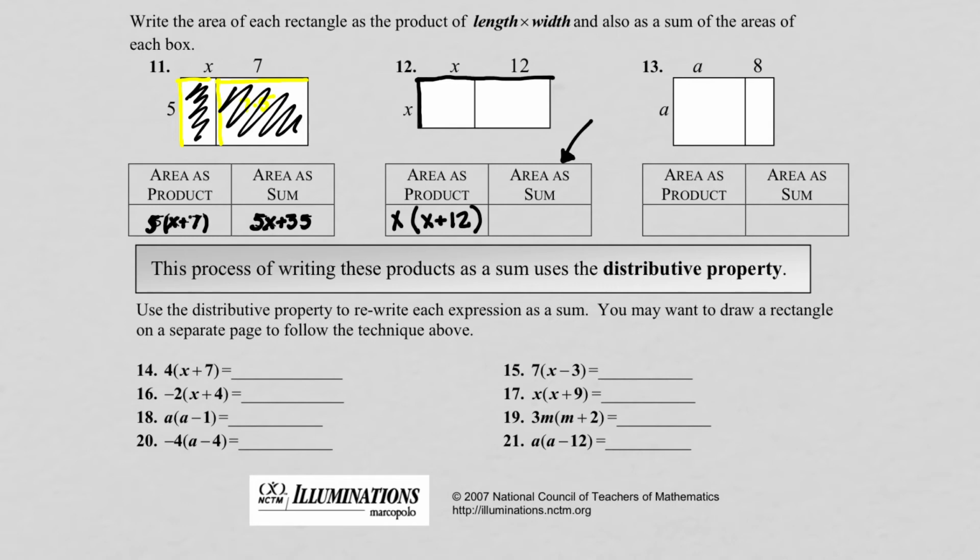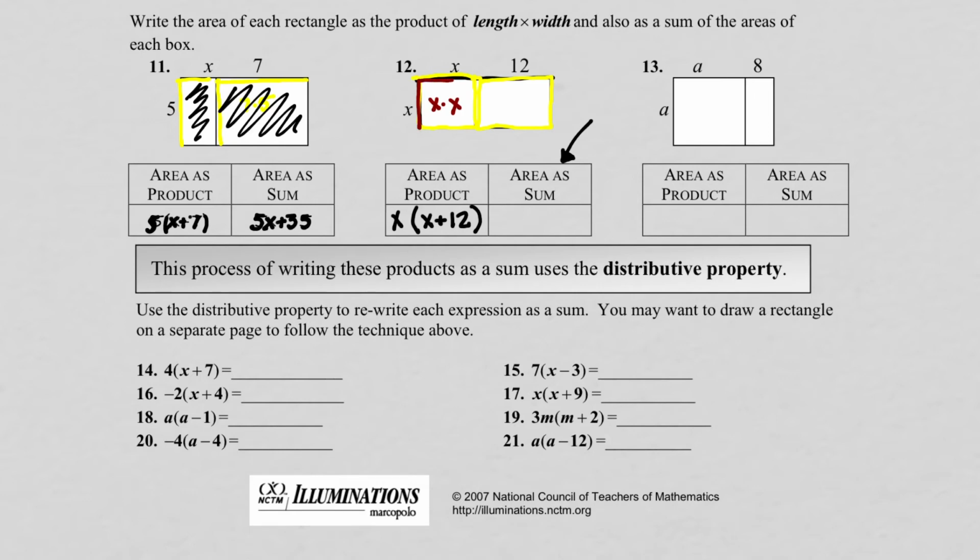So finding the area as a sum, I'm going to try and add together the area of this box plus the area of this box to find my total area. So if I'm going to do base times height, I've got x times x here, right?